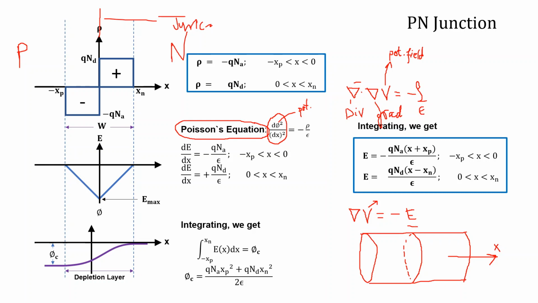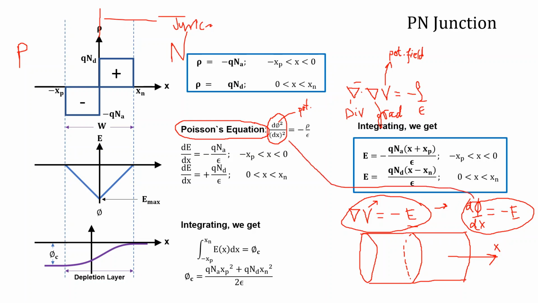Now also this expression says that d phi by dx is equal to minus of electric field E, right? So if you put this equation in this equation, you will get this equation.